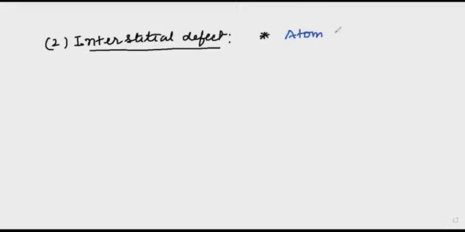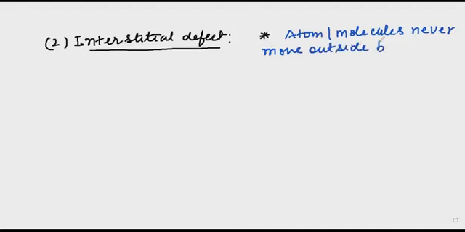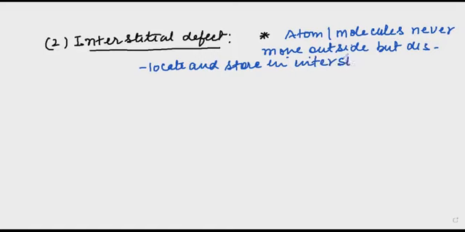Atom or molecule never move outside but dislocate and are stored in interstitial or interatomic space.